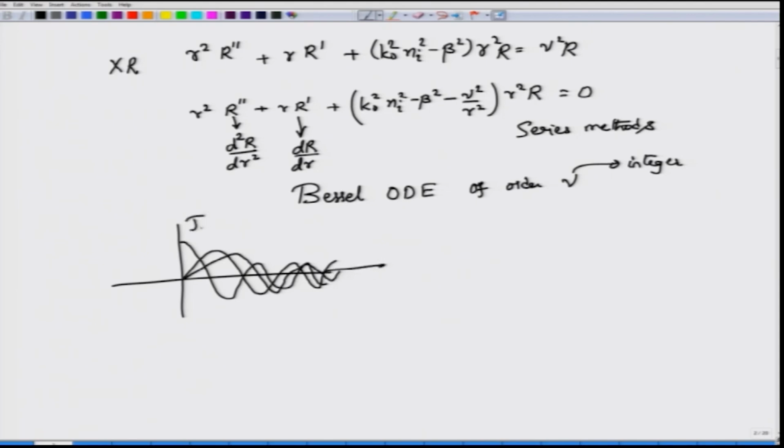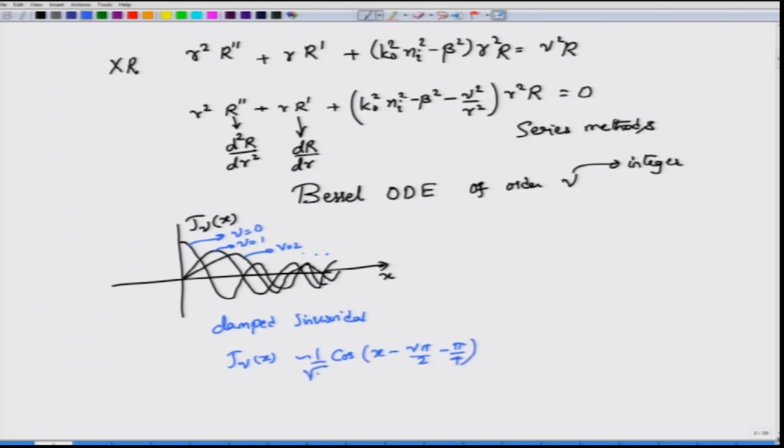So, if this is some J nu of x, this is x, okay, x is the independent variable, the function here will be nu equal to 0, the function here is nu equal to 1, the function here is nu equal to 2 and so on. So, these actually remind you of damped sinusoidal waves. Indeed, for large values of x, you can approximate this J nu of x as cosine of x minus nu pi by 2 minus pi by 4, divided by root x.